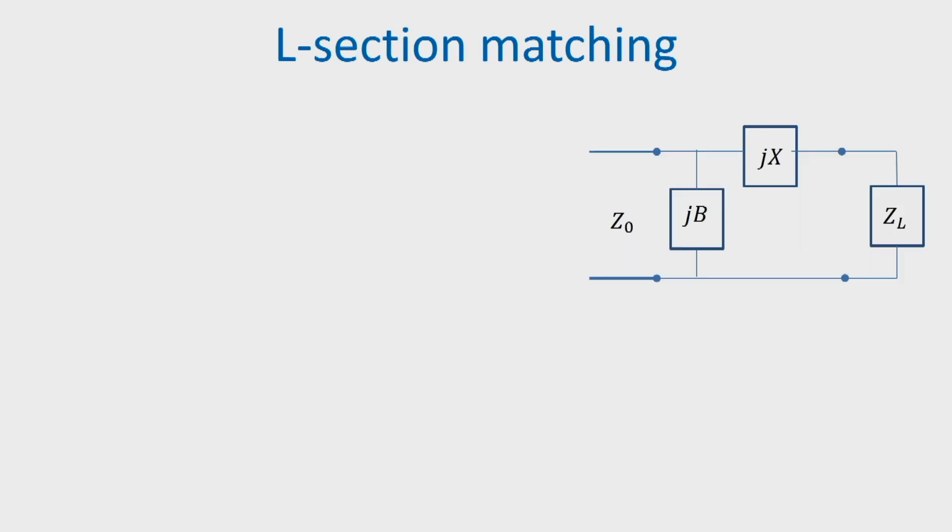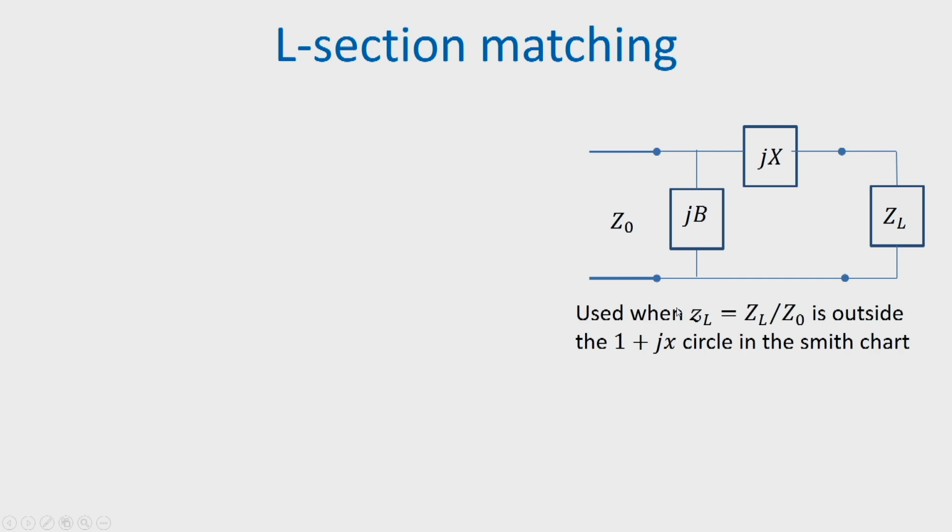Now, we move to the second configuration of the L section matching network. Here you can see the shunt element j B is connected first, and then the load impedance Z L is in series with the reactance j X. Now, we use this configuration when the normalized load impedance Z L is outside the 1 plus j x circle on the Smith chart.